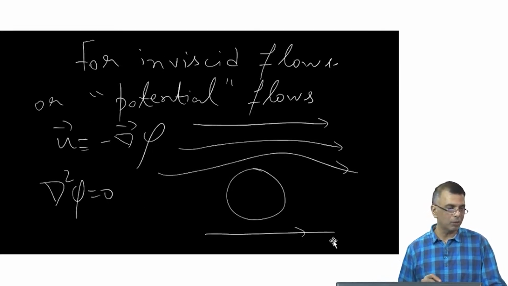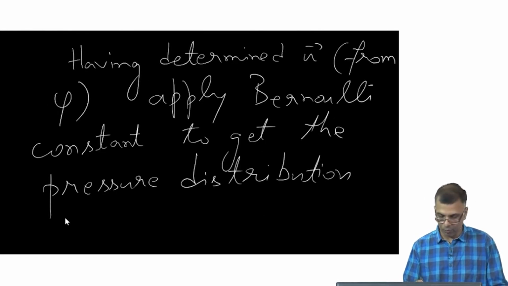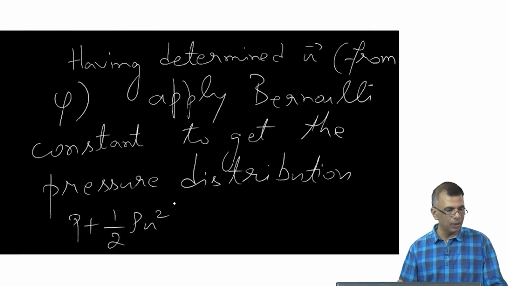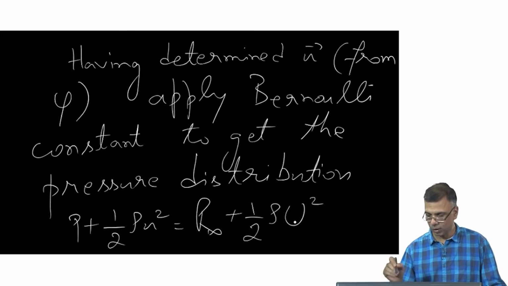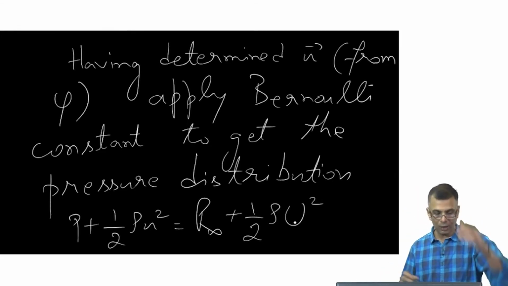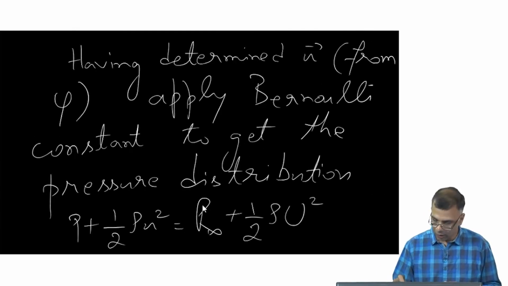What I mean by this is, P plus half rho u squared anywhere is simply equal to P infinity at some very large distance plus half rho U squared, where this capital U is just the undisturbed velocity at infinity.